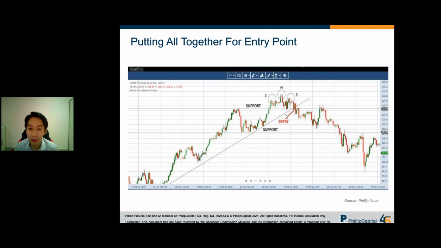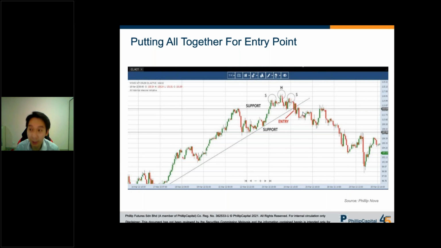So you can see here, once the market forms the head and shoulders, combined with a trend line break, this is where you can look for your best entry point. It also breaks below the support line. So where is your best entry point? When it breaks below the support. There are 2 ways to enter, either on the first break or on the retracement.